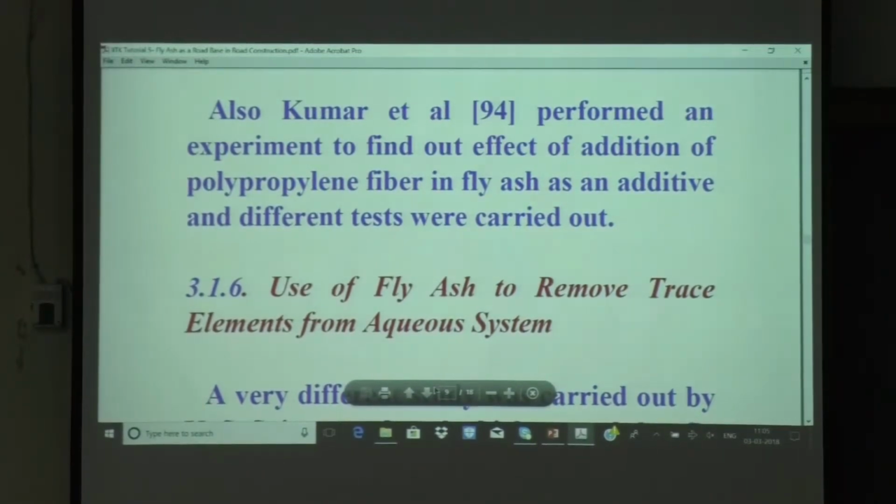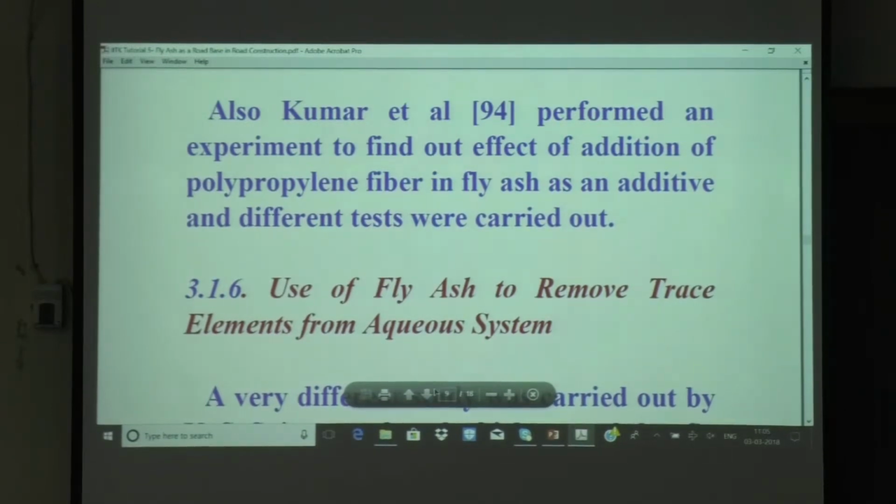Also, Kumar et al. When you go through this fly ash utilization, you will find there are a good number of Indian sources of research in fly ash recycling. Most of them are from India, quite a few of them are from other affiliated universities outside.